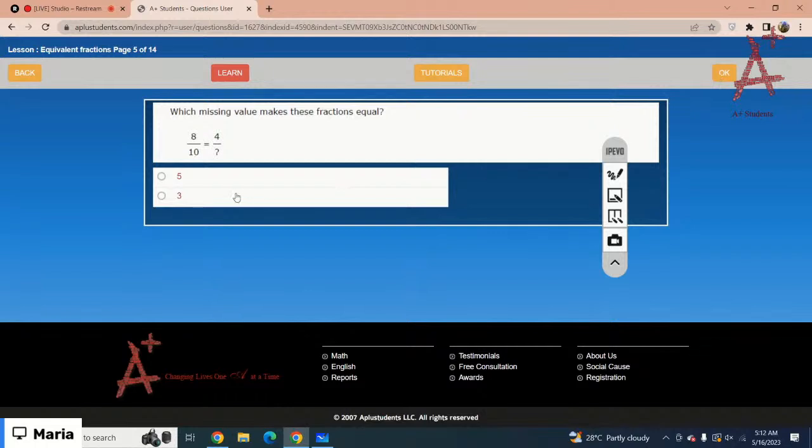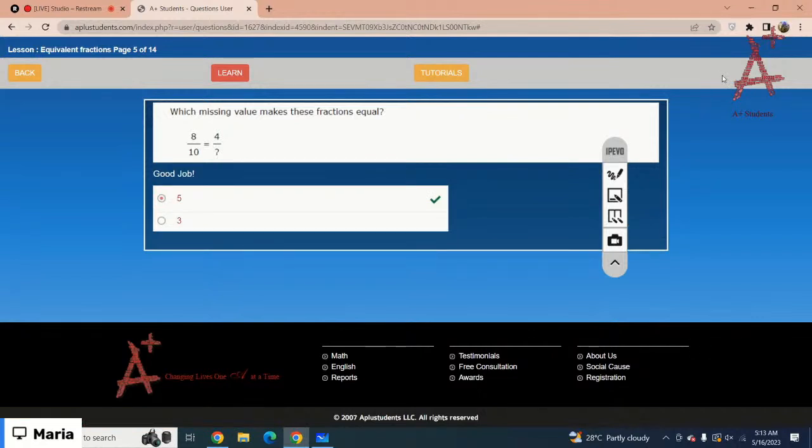It would be 4 over 5. No, it would be 4 times 2 is 8 and yes, it is 5. 5 times 2 is 10. The correct option is 5.